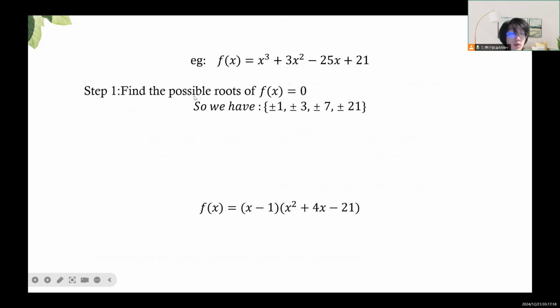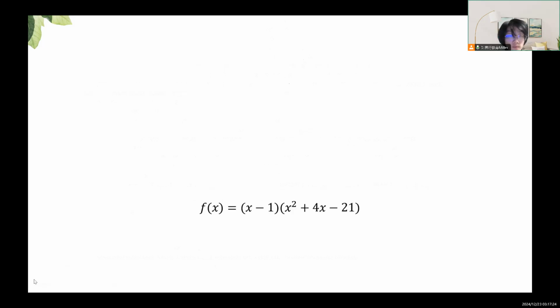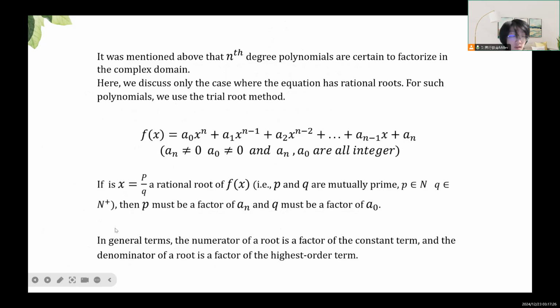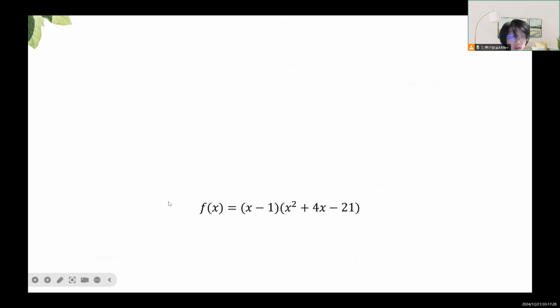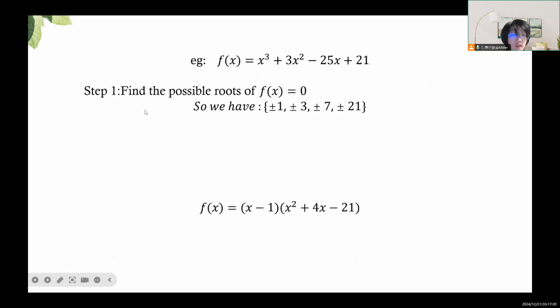We can find the possible roots of f(x) equals 0 because we have this theorem. Thus the possible roots are 1 and minus 1, 3 and minus 3, 7 and minus 7, and 21 and minus 21.